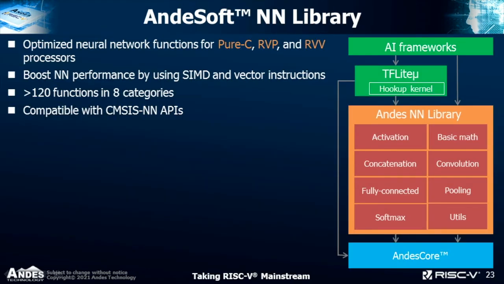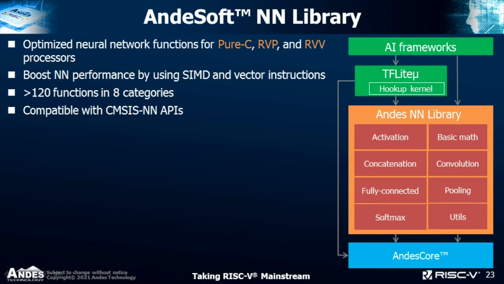It is the optimized neural network function library for RVP and RISC-V processors. It boosts NN performance by using SIMD and vector instructions. There are over 120 functions in 8 categories, such as activation, basic MAC, concatenation, convolution, fully connected, pooling, softmax, and utils.